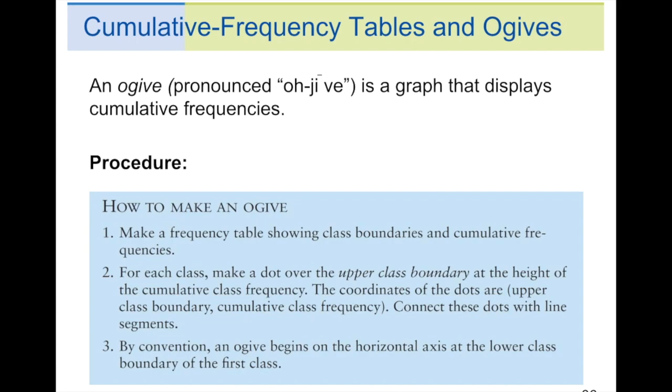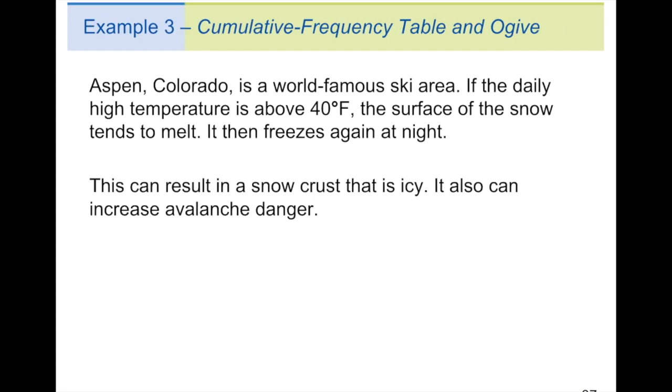The coordinates of the dots are upper class boundary, cumulative class frequency. Connect these dots with line segments, so it'll look kind of like a line graph. By convention, an ogive begins on the horizontal axis at the lower class boundary of the first class.